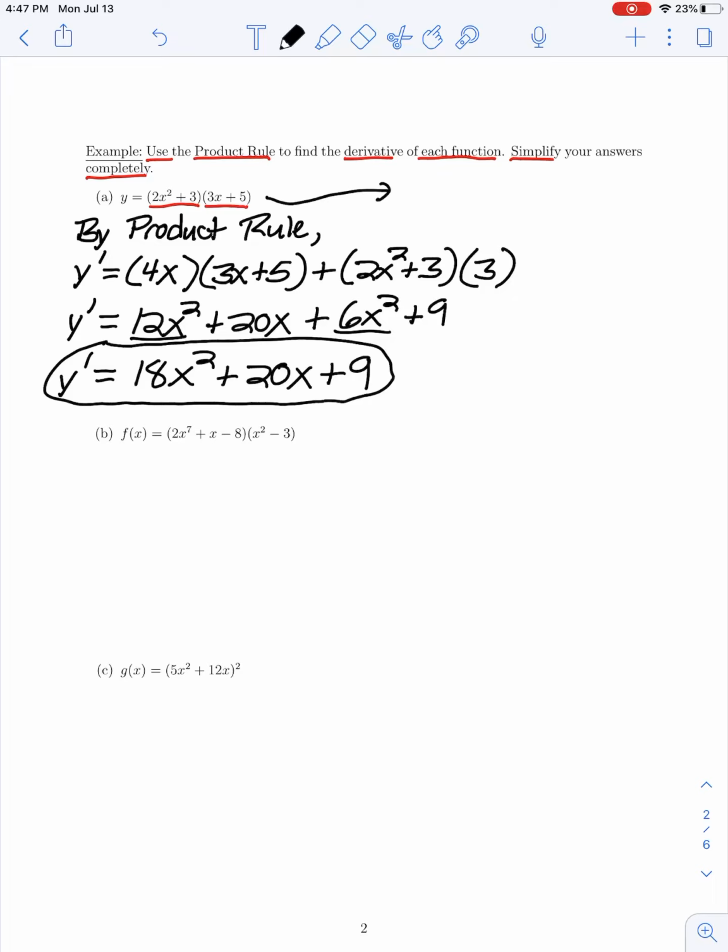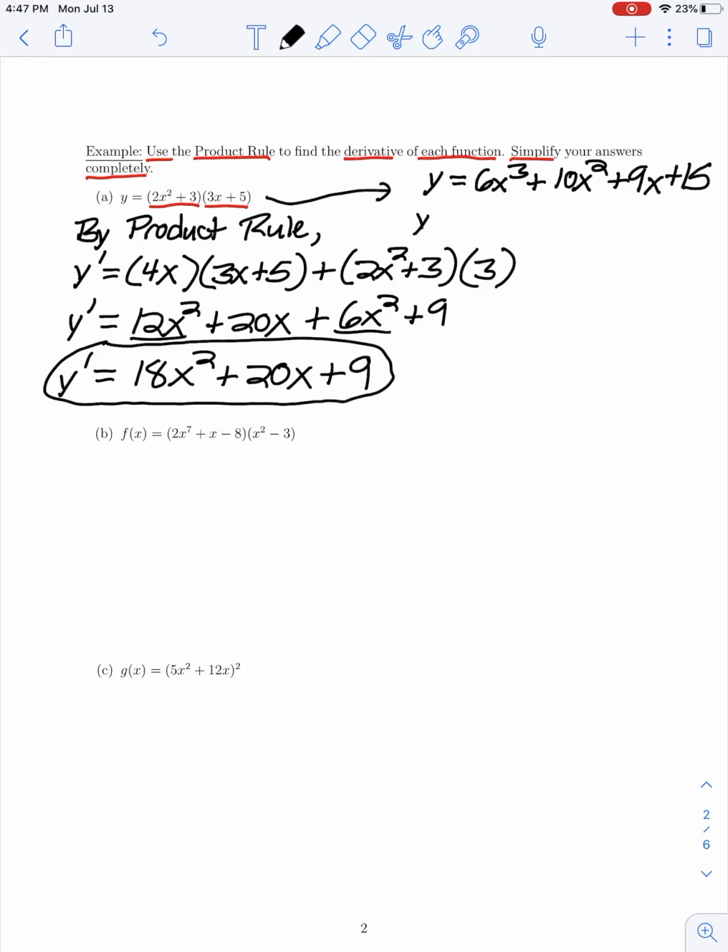So if I expand the expression that we have for our function y, we have a 2x squared times 3x, which would give us 6x cubed, plus 5 times 2x squared gives us 10x squared. Then plus 3 times 3x is 9x, and then plus a 3 times 5 is 15.